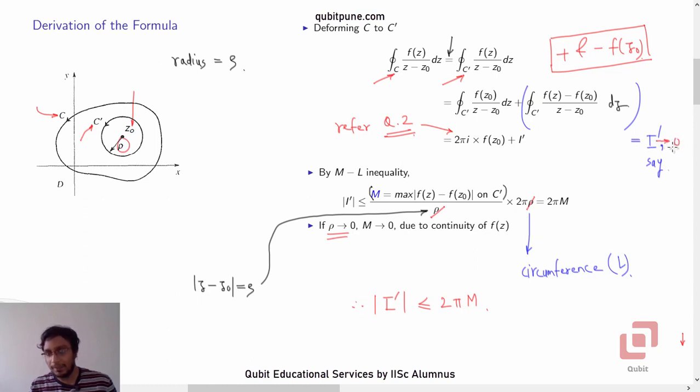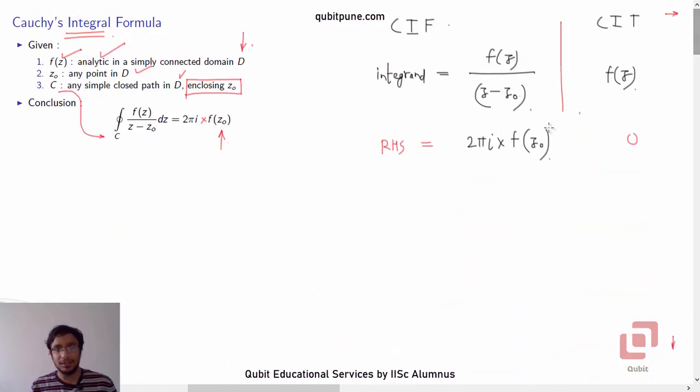And if the second integral, the blue integral, approaches 0, then the original integral approaches 2 pi i times f of z naught, and that is the conclusion of the Cauchy's integral formula.